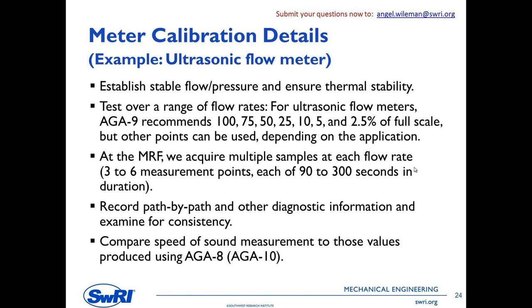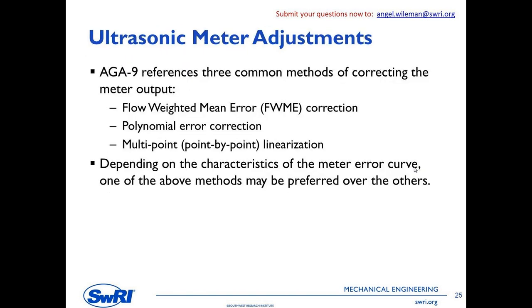Okay, so you've collected these points at these different flow rates, and now you want to adjust the meter so that it best matches the reference, the flow calibration facility. And in the case of an ultrasonic meter, AGA 9 allows 3 different common methods for correcting the meter output. You can use what's called a flow-weighted mean error correction, a polynomial error correction, or a multi-point linearization.